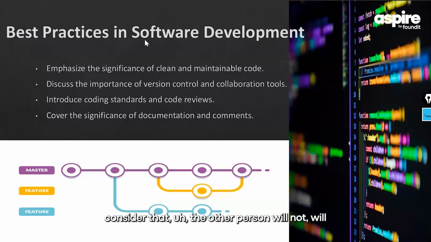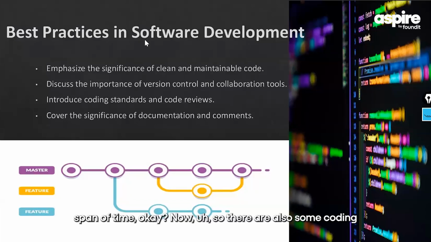We should consider that the other person will definitely not have an idea about what our code is. So structure and consistency, a good choice of variable names, and commenting are some ways we can keep our code clean and maintainable, and have it reused by other developers on a very large scale and in a very short span of time.